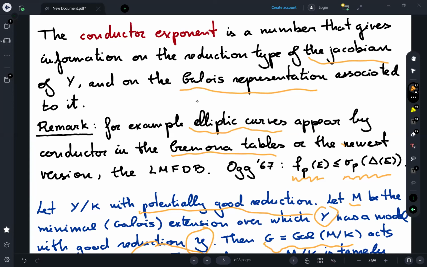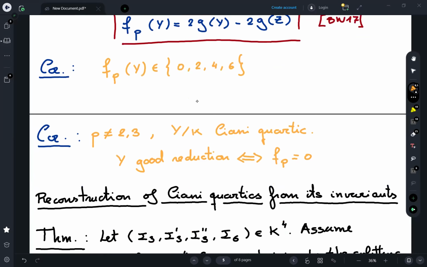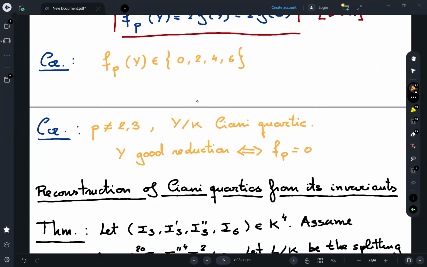And then if you have such a relation, you can construct curves with given conductor or with bounded conductor. So an important thing is to be able, given some invariants, to see which curves you get with those invariants.